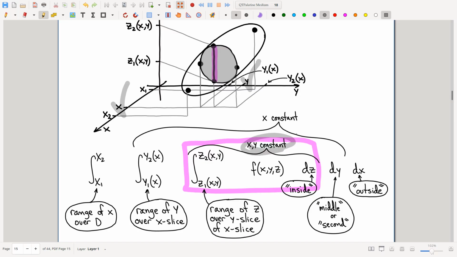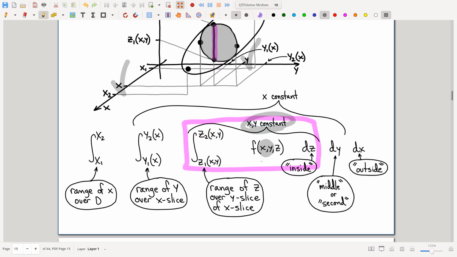So I get to treat them as constants. By the way, I think it's easier to remember: whichever variables are further to the outside, those are the ones that I've already fixed, and therefore those are the ones that I get to treat as constants in my integrand. That's an important thing to keep in mind. Does everybody follow on that?